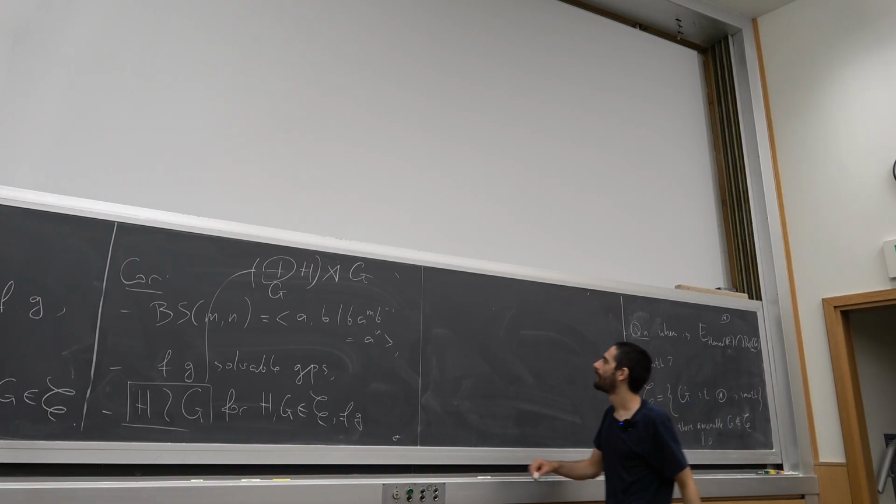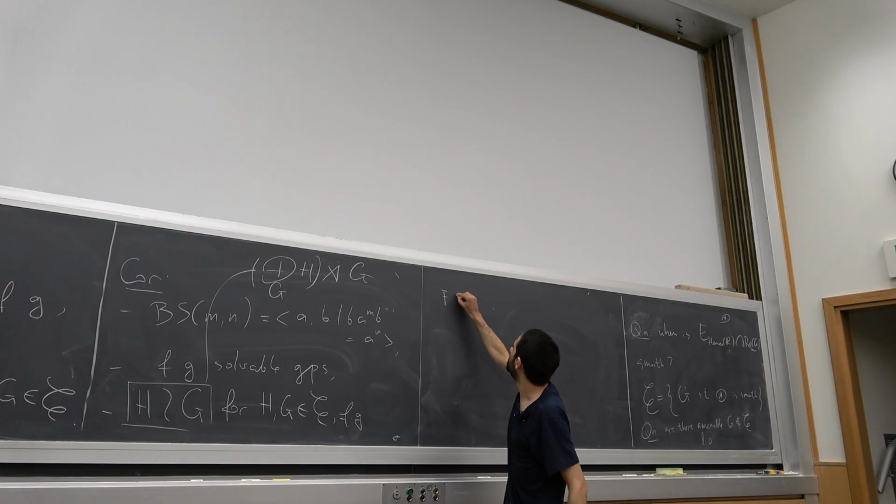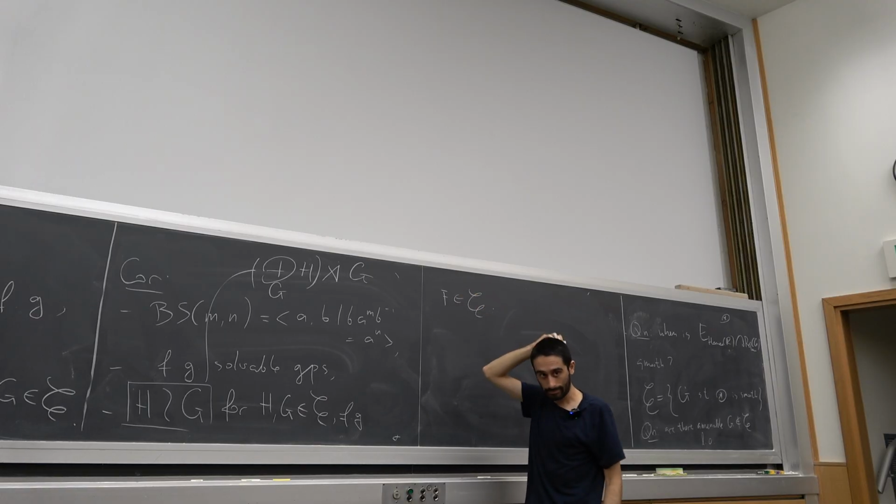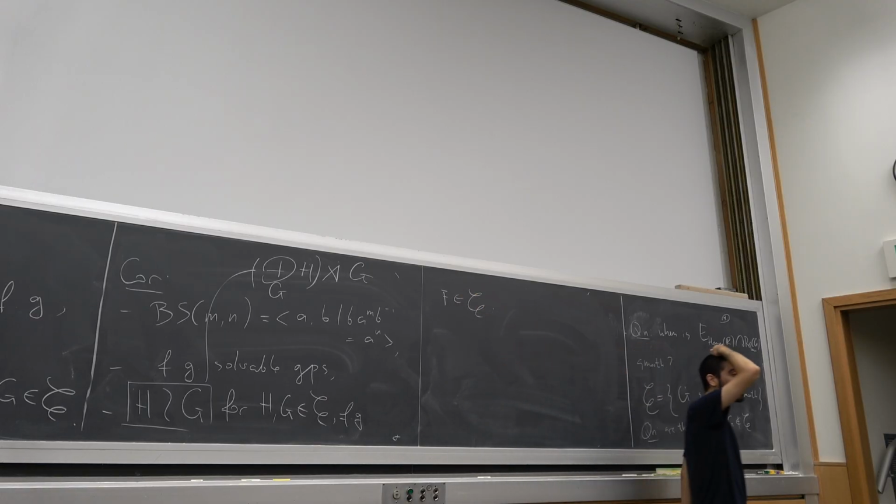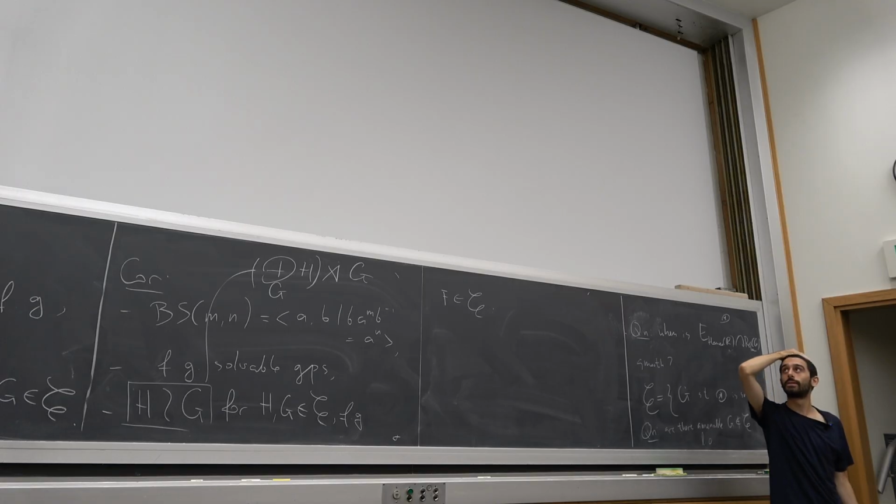Okay, so we know F is in C, Thompson's F. This comes from an explicit classification of all its actions on the line.